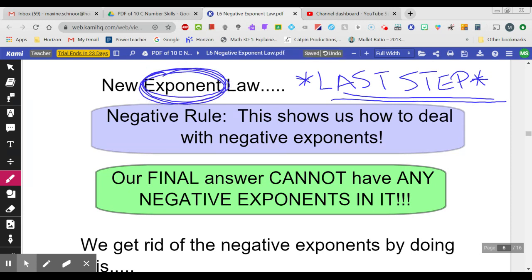If you have a negative coefficient, that's fine. You have to leave it as a negative coefficient. But if you have a negative exponent, this is when we use this rule. So, our final answer cannot have any negative exponents in it. Okay, negative coefficient, fine. Negative exponent, not fine.